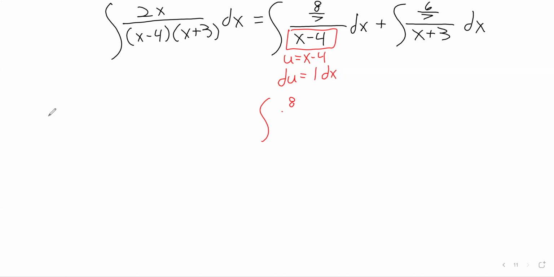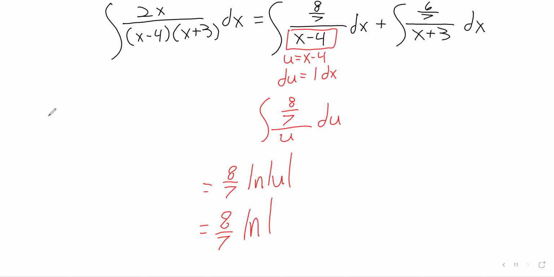This becomes 8/7 over u, so that's 8/7 the natural log of u. 8/7 the natural log of x minus 4.